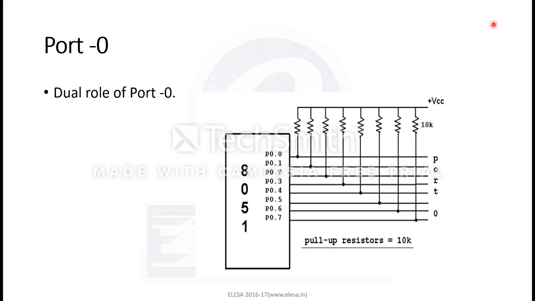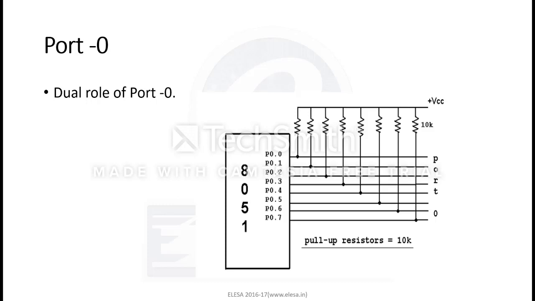Port 0, like all the ports, is an 8-pin port, and it has pin numbers 32 to 39. Port 0 plays a dual role. It can be used either as an input output port or as address lines to interface external memory.